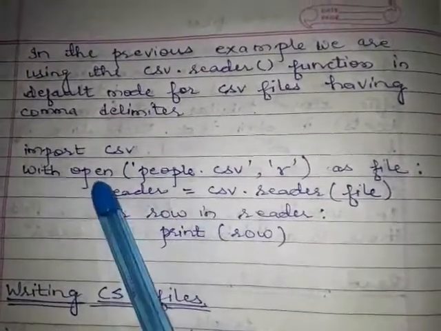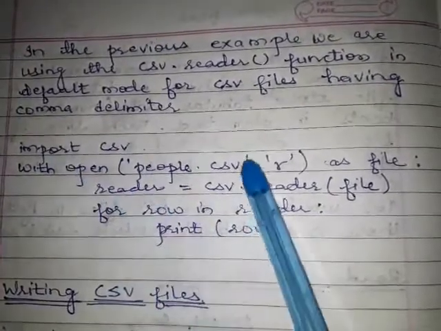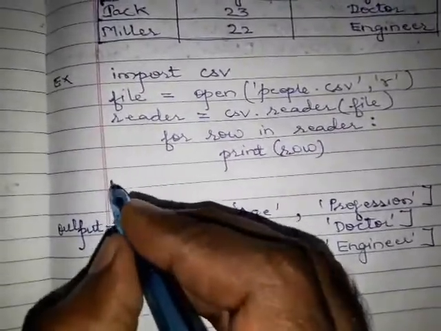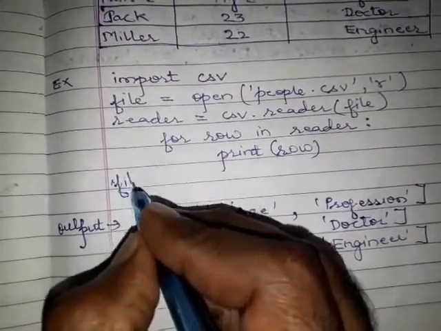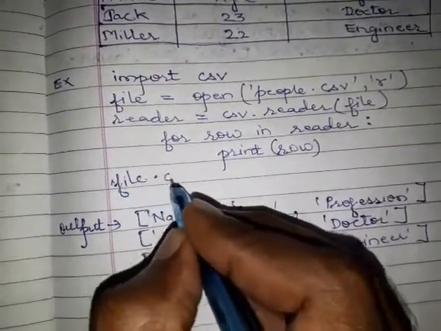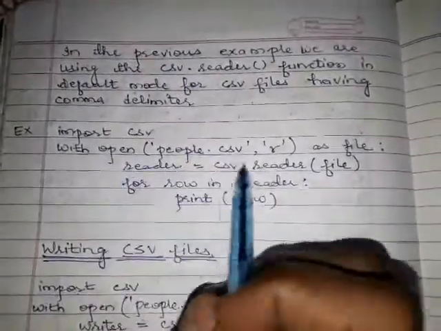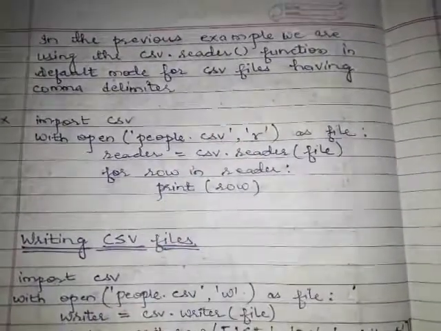In this with open block you have no need to close the file, but in this one we have to close the file. So after this reading you have to close the file. You can write file.close here, but in the case of the with option there is no need to close the file. This is the major difference.